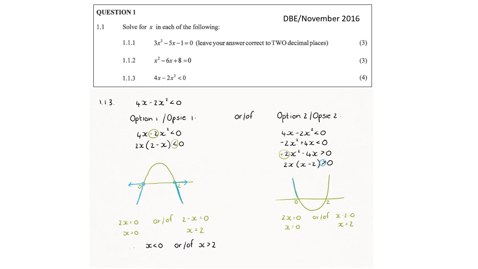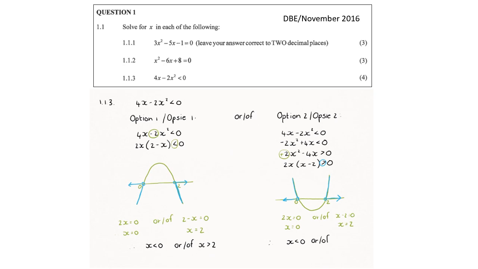And greater than 0 are those sections of the parabola that are above the x-axis, and they are colored in blue, and these sections will have x values or x coordinates that are less than 0 or greater than 2, and therefore we get the same solution, x less than 0 or x greater than 2.